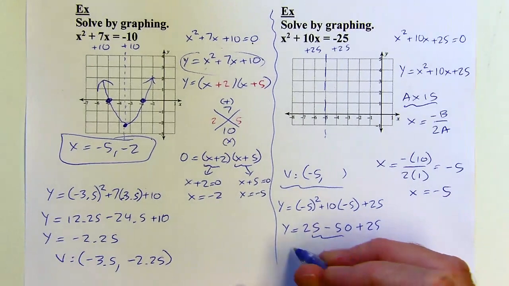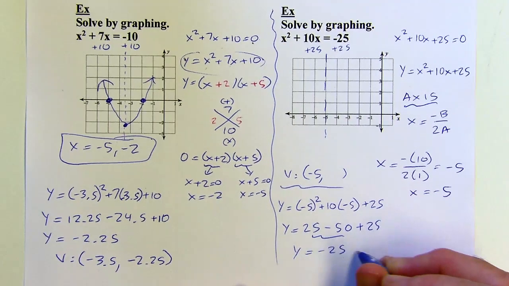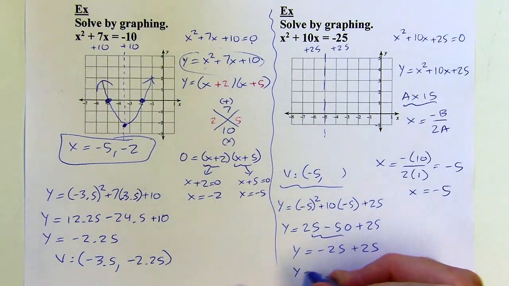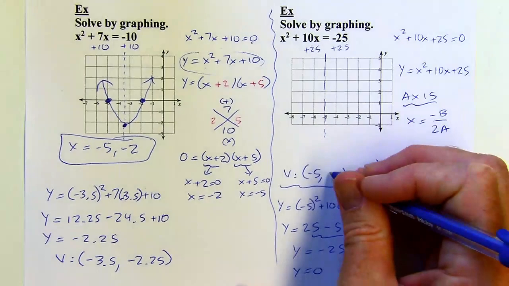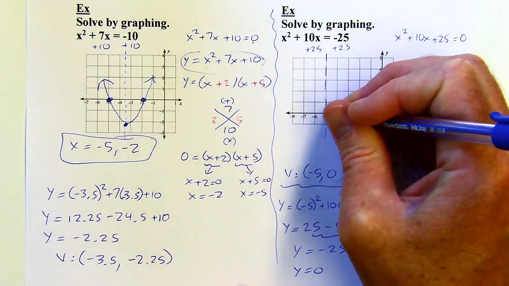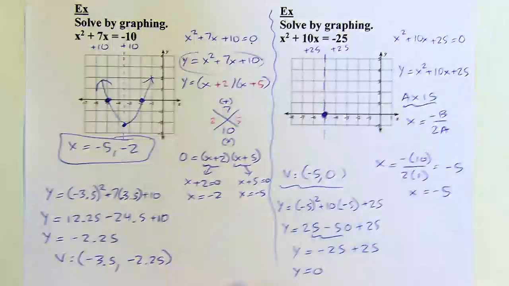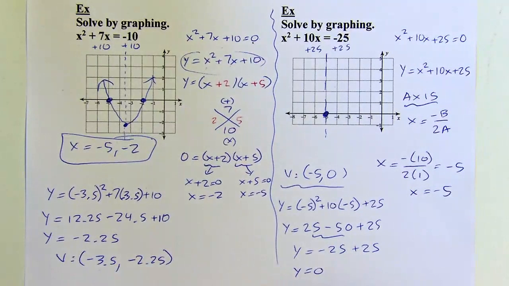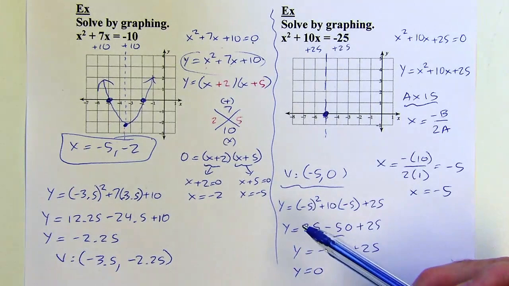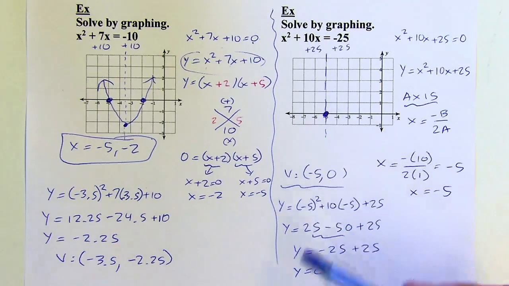So let's see, I get negative 25 plus 25 when I add those first two pieces together, and hey, that adds to 0. So that means my vertex is negative 5, 0. Now normally my next step would be to try to find the x-intercepts, but I just found the x-intercept, right? It just so happens that the vertex is the x-intercept here.